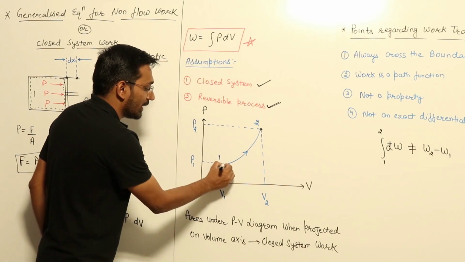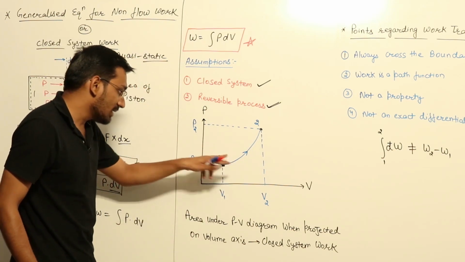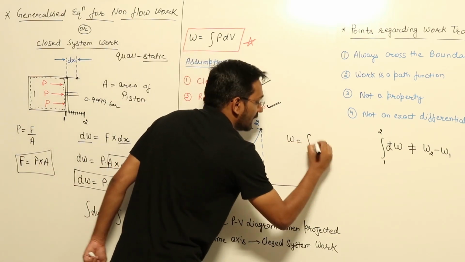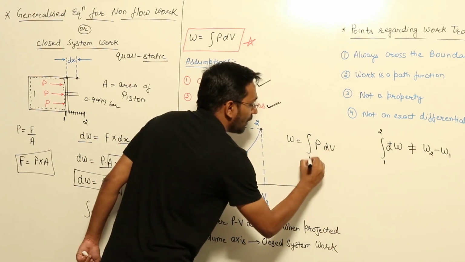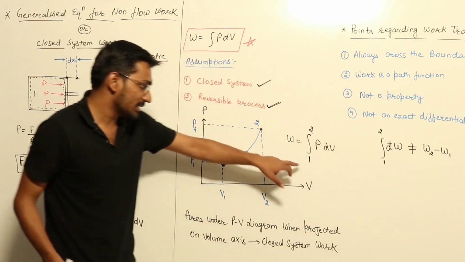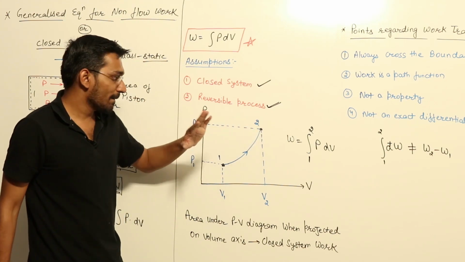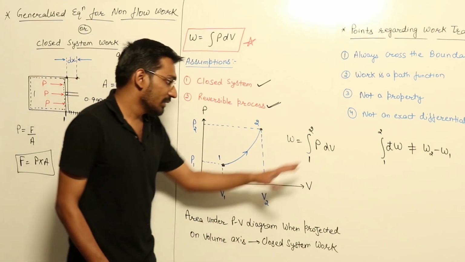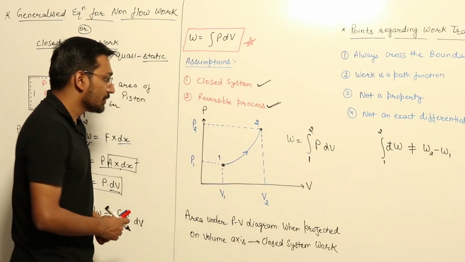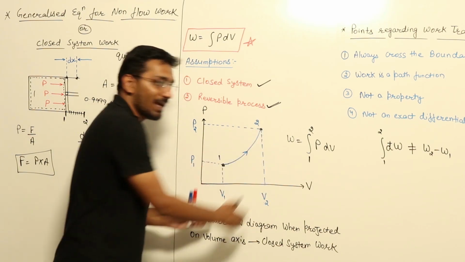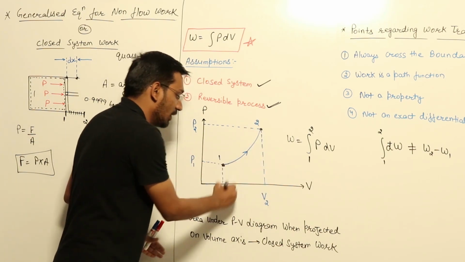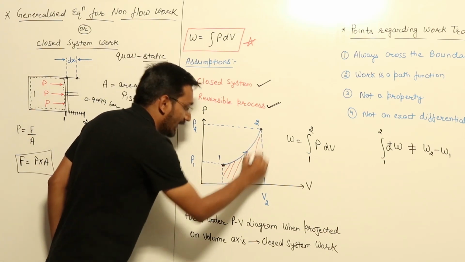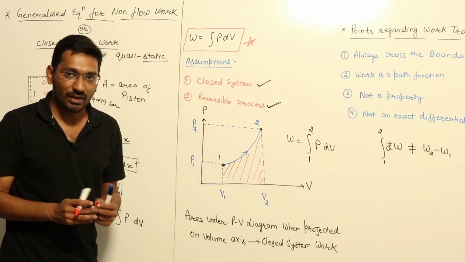We want to know the work done by the system in this process 1 to 2. So work done will be equal to the integration of P into dV from point 1 to point 2. We set the limits from state 1 to state 2. As we know, the integration in this case will be the area under the curve. If I project this curve on the volume axis, the total area under this curve is equal to the closed system work, right?